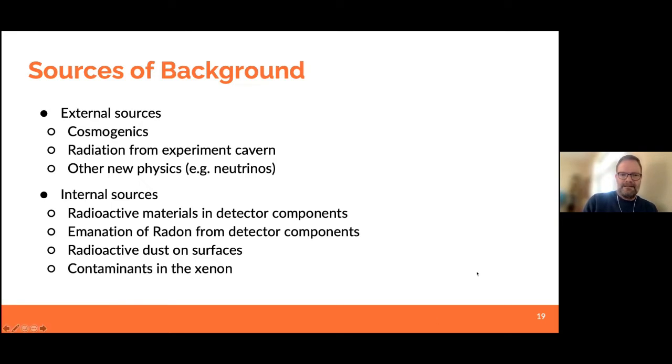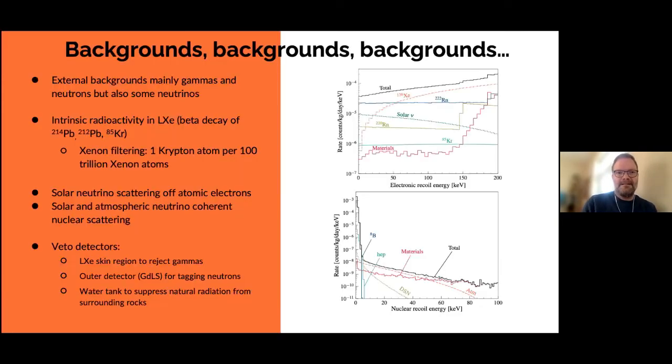And when you start looking at this, you get a picture like this. The top here shows you background contributions from electronic recoils, and at the bottom from nuclear recoils. On the left, these are solar neutrinos, which give you a large contribution at very low recoil energies.